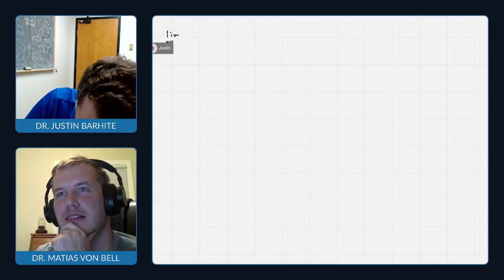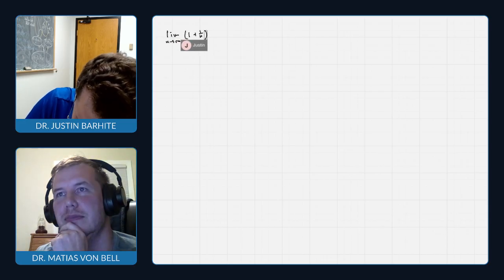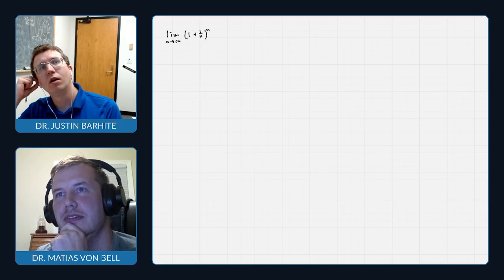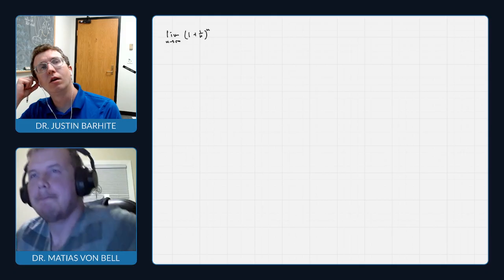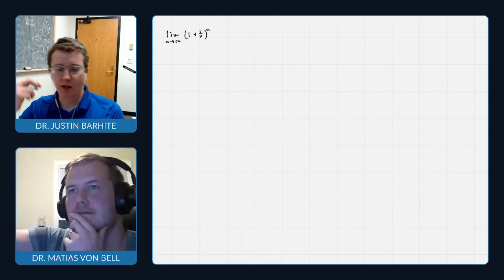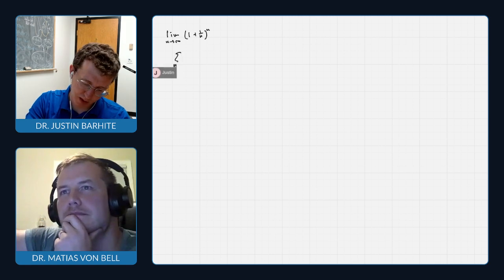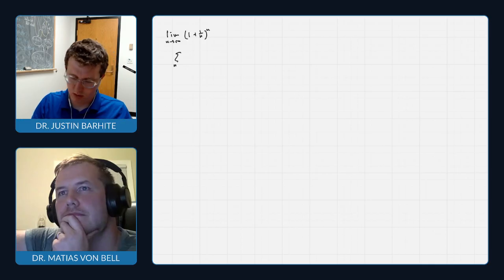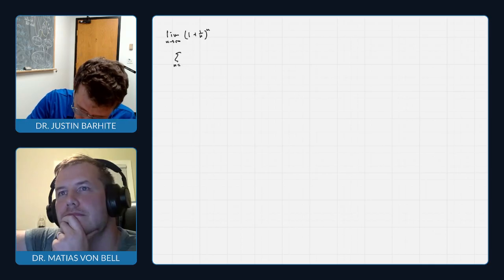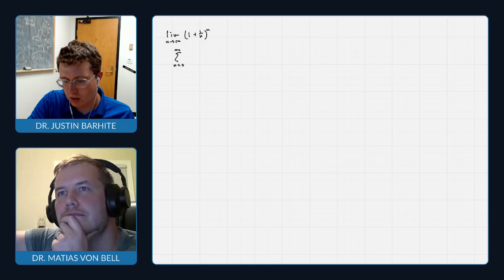So there's definitely the limit as n goes to infinity of 1 plus 1 over n to the n. That's the one I'm thinking of. The only one I know. Maybe I am thinking about the sum from n equals 0 to infinity of 1 over n factorial.